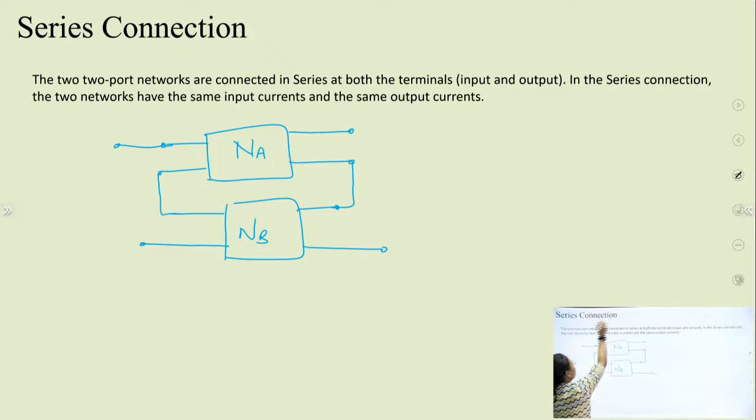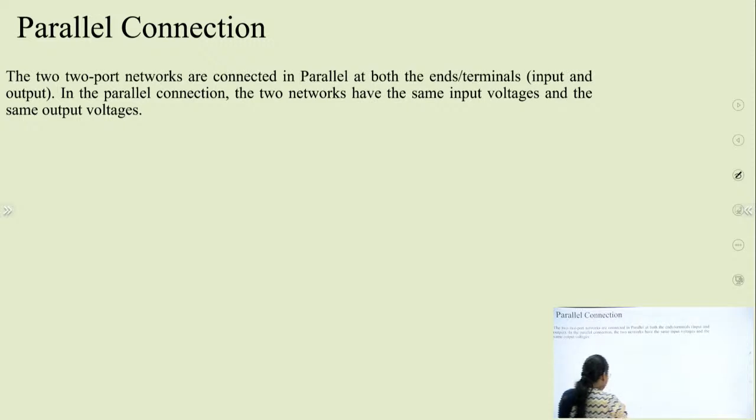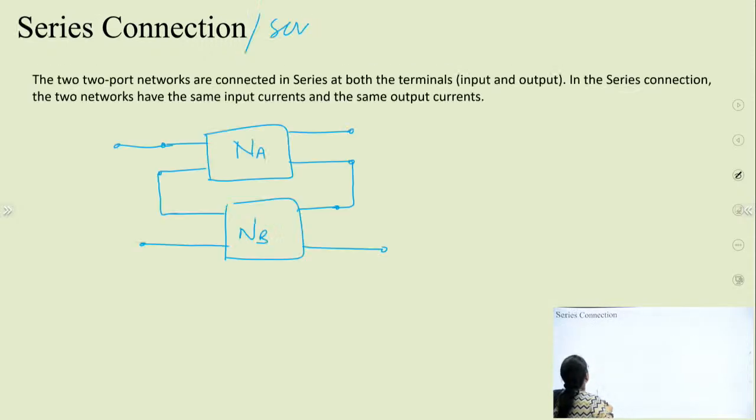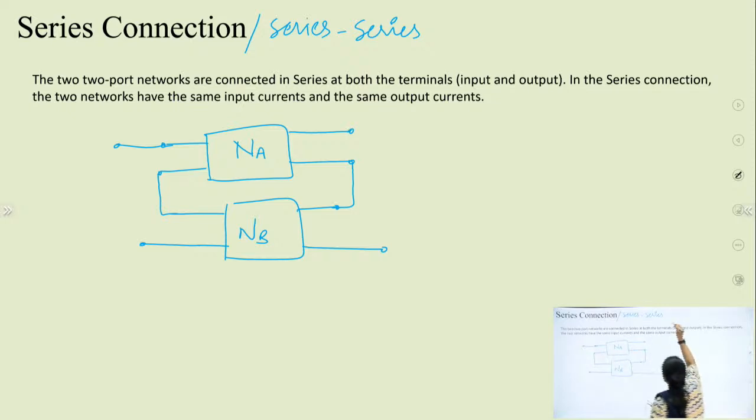So we can say this is called a series connection, because we are connecting the two networks in series at the input side and at the output side.